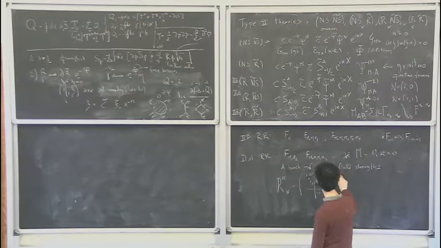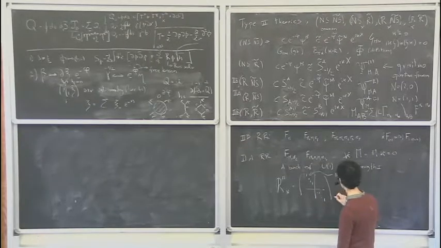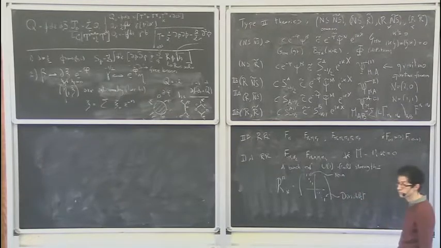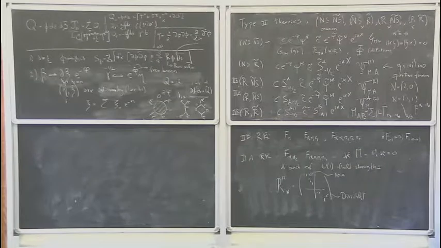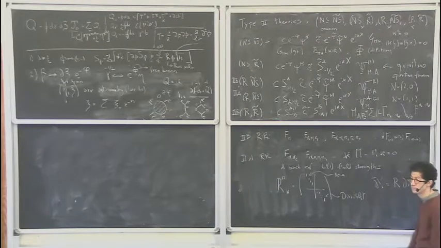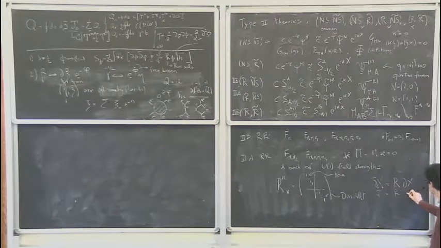This was related to the Neumann condition, and this is related to the Dirichlet condition. Right? And then we said that the alphas and the alpha tildes are related through this R. So this contains the alpha tilde, this contains the alpha, right?